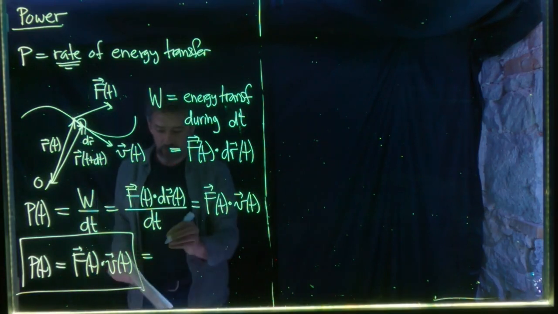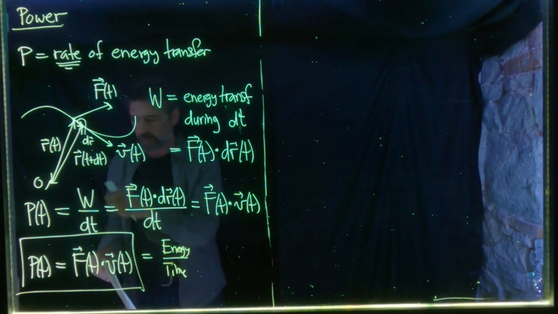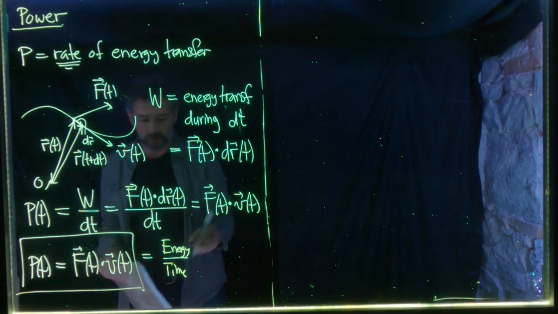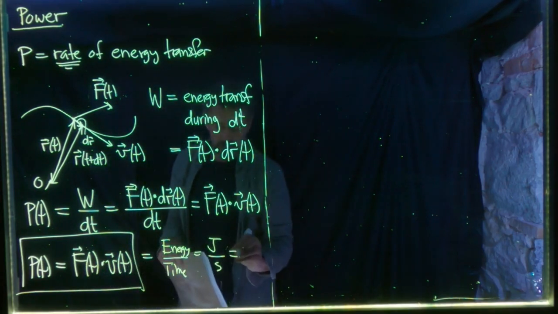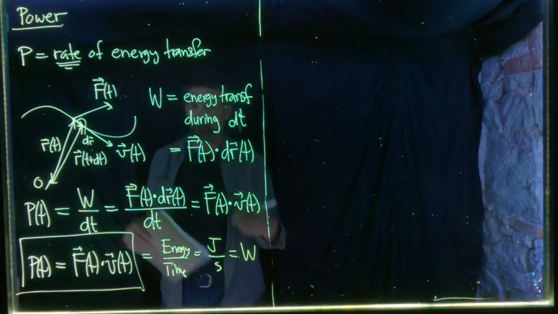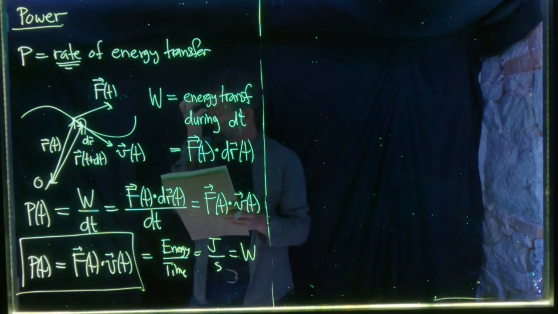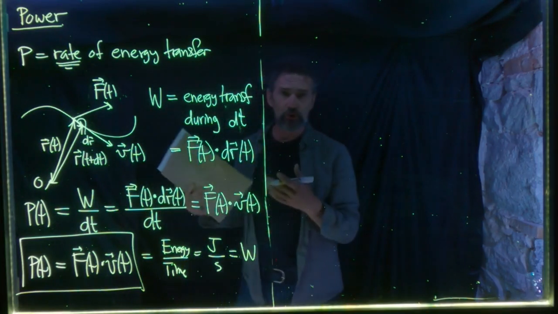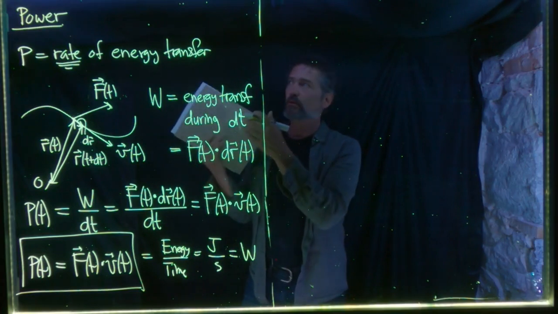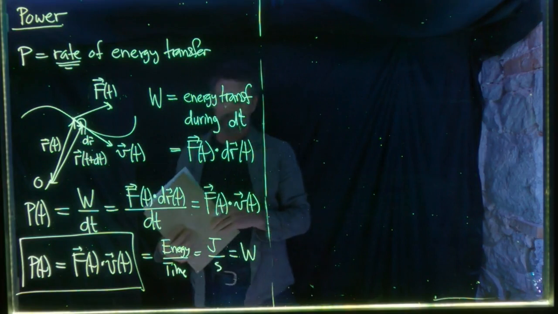And the dimensions for power are, well, it's energy over time. Okay, energy transfer divided by time. So it's joules per second are the units, and joules per second, that's the same thing as watts. Like a 100-watt light bulb means that that light bulb is converting 100 joules of electrical energy into thermal and light energy per second.